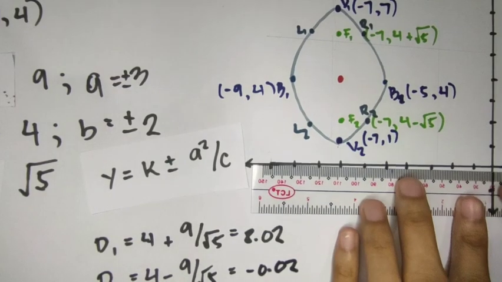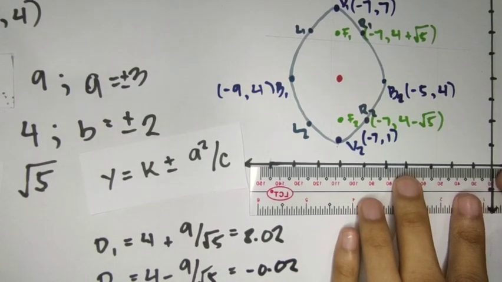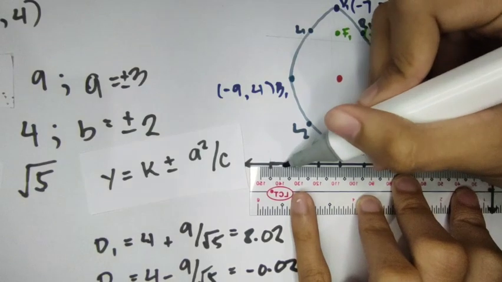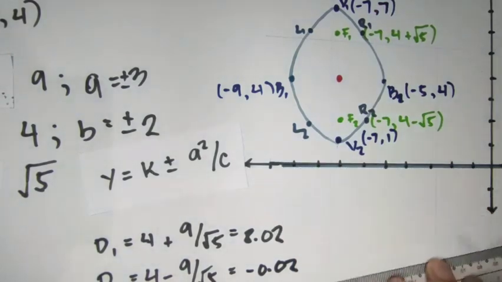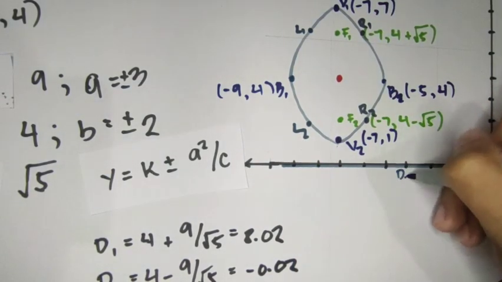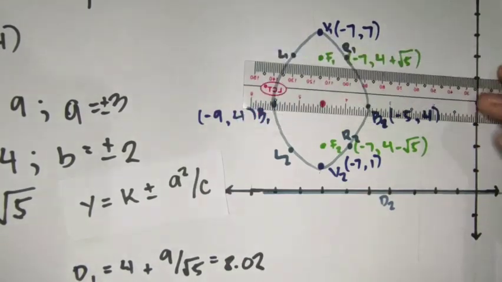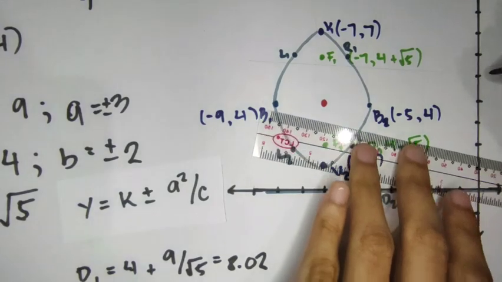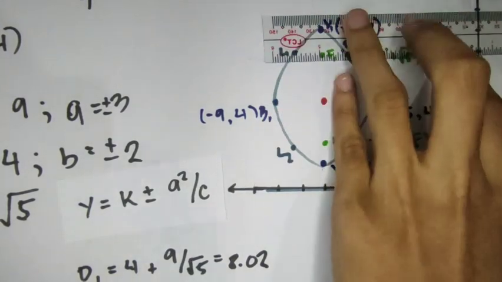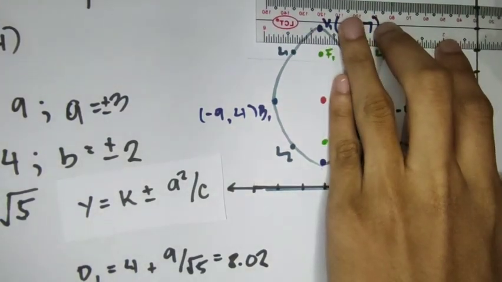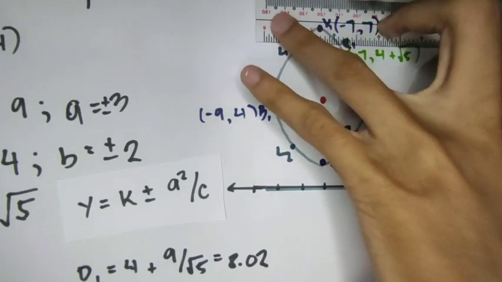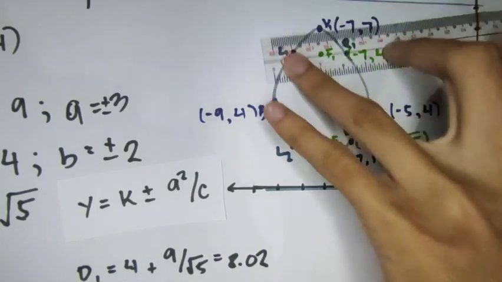For D2, it would just be here. Just put a line on this. And for our D1, it would be right up here. That is where our D1 lies.